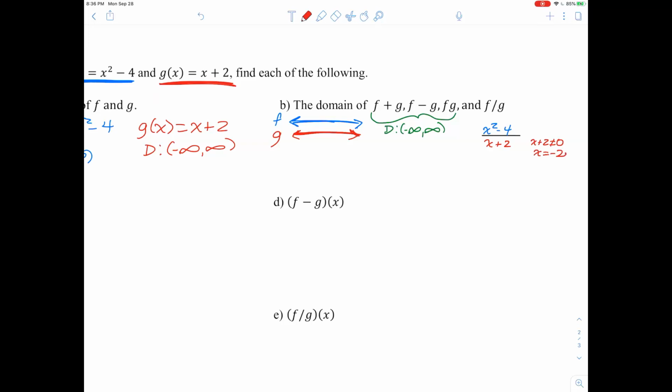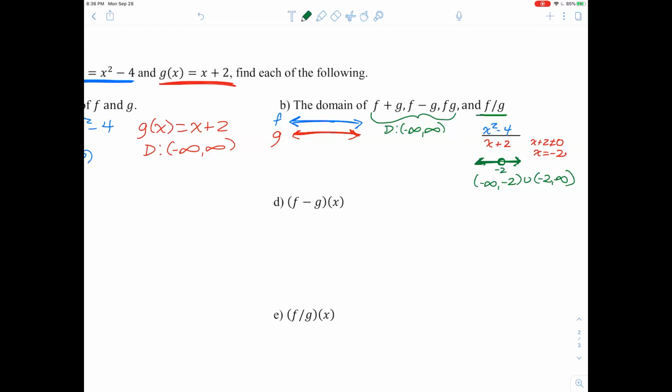And so that means that that would punch a hole in our domain, which was originally, let me do it in green here, sorry about that. So our domain of f divided by g goes from negative infinity to infinity, but it has a hole in it at negative 2. So our domain here would be from negative infinity to negative 2, open, and then negative 2 to infinity.